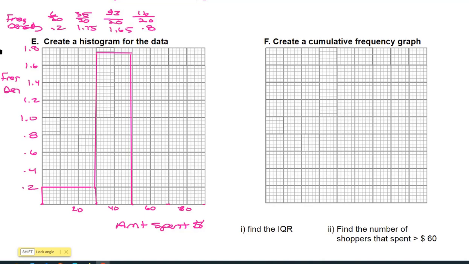All right, so the next one is 1.65, and again, I said this was 1.64, so this is going to be a little bit taller than that, and it's going to go to here. And then my last one's going to go to 0.8. And that looks nice.